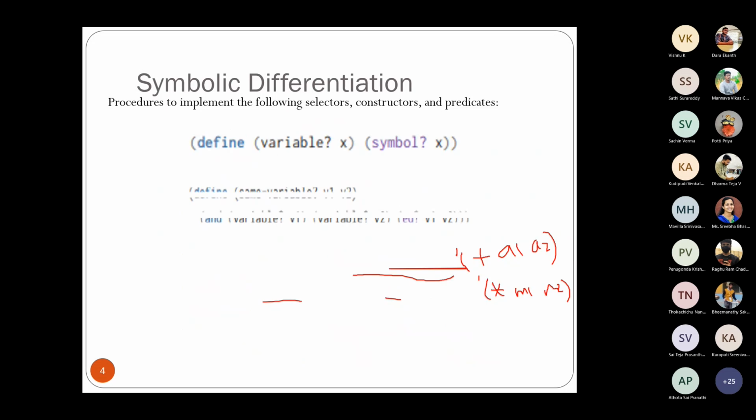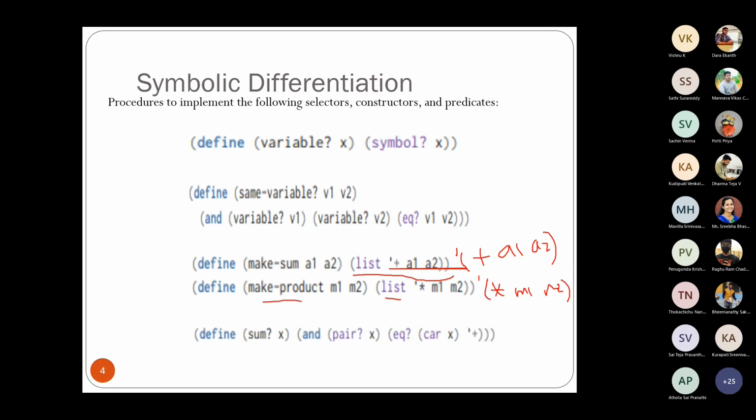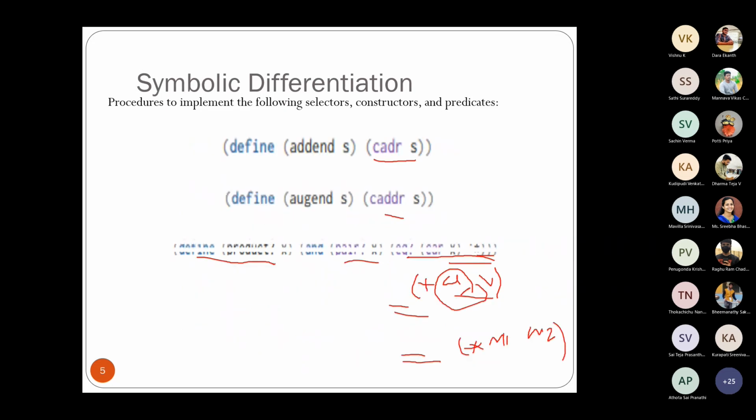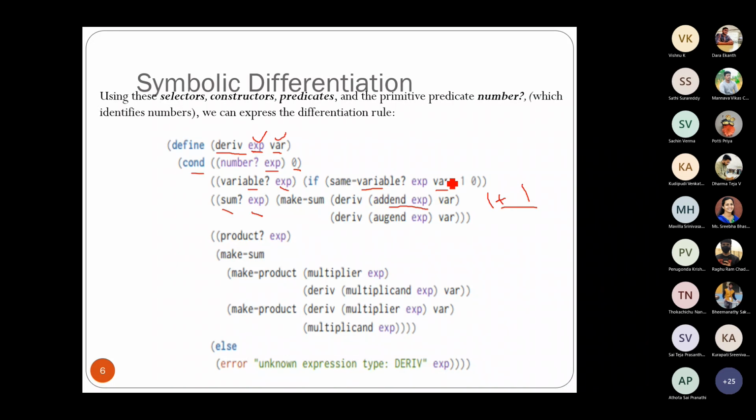So for making a sum, once again you are calling, the first argument is the derivative of the first operand, and then the second argument is the derivative of the second operand. Okay. So what it will do is plus, this is the derivative of the addend, the first one, and then the derivative of the second operand, isn't it?